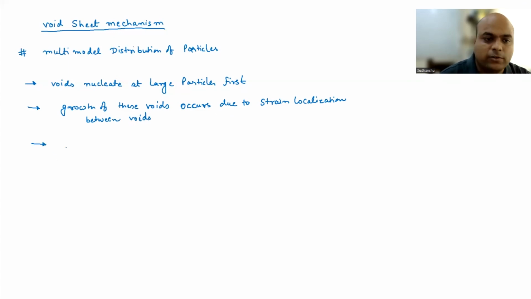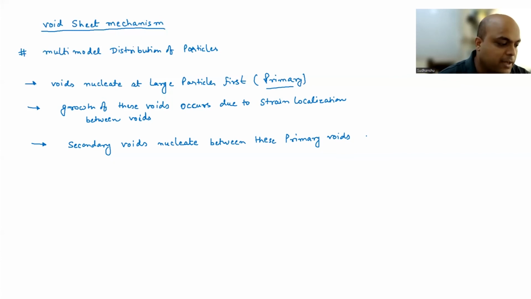Now, because of the strain localization, secondary voids are going to form. Secondary voids nucleate between these primary voids. So let me call these primary. Okay. Primary voids.